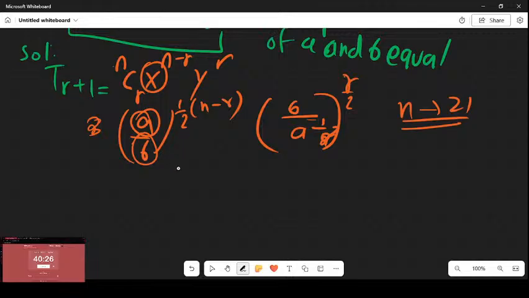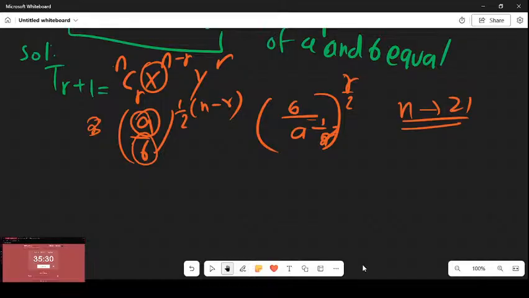When we solve, we should get a and b as having the same power, but we have some limitations. Here it's 1 by 2. Wait, wait.